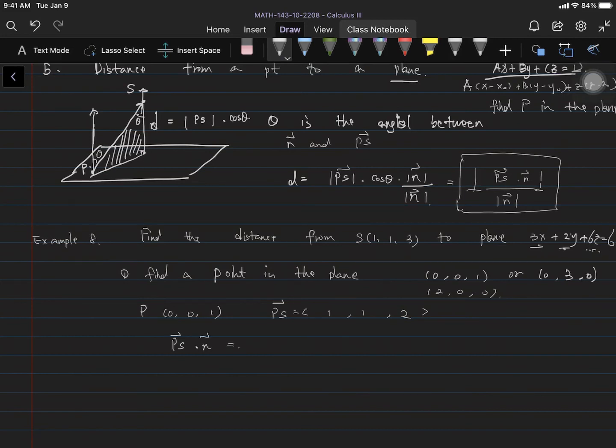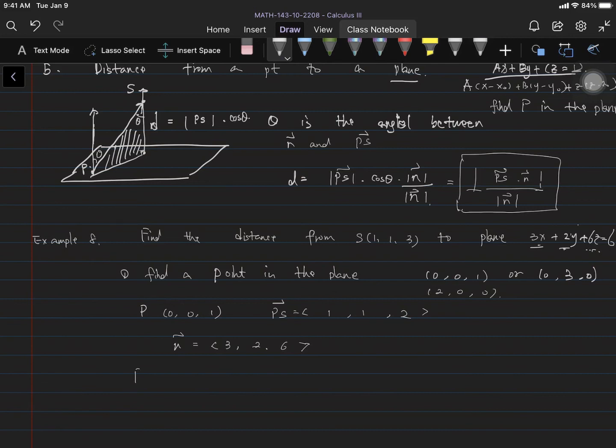So we need to know what the n vector is. Let's write down the n vector first. The n vector is the normal vector to the plane. The plane is given, so 3, 2, 6 is the n vector, because this is the general form with A, B, C, and the right side is just D.